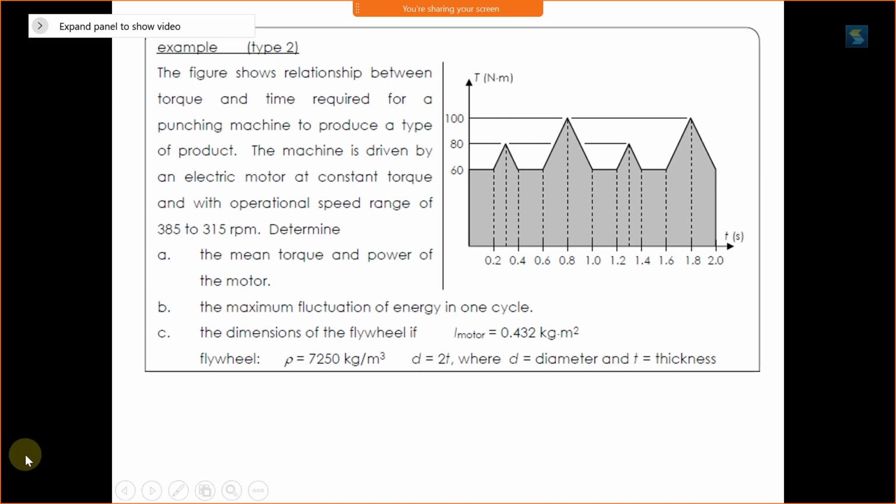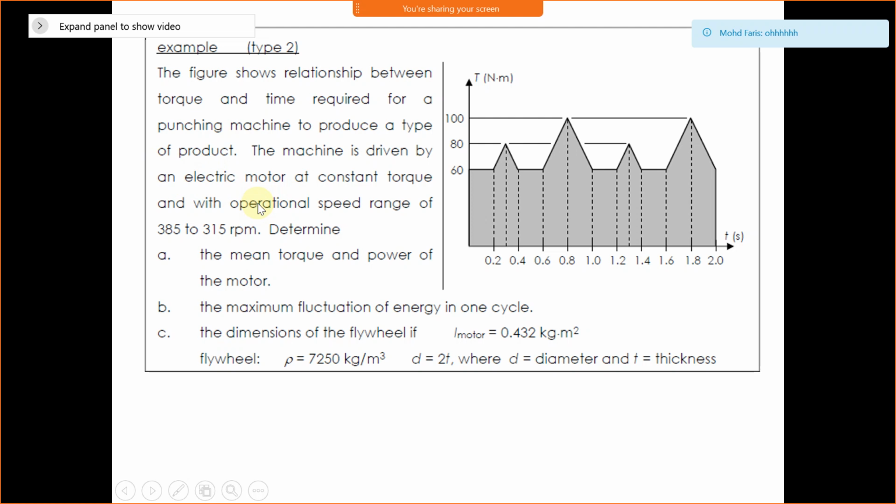For a question like this, because this question involves the figure showing the relationship between torque and time, here the flywheel is together with the motor. So when it includes the motor, we assume it as radius of gyration. We get the radius of gyration because the I we get is not the flywheel itself, it includes the I of the motor, because the machine is driven by an electric motor at constant torque.